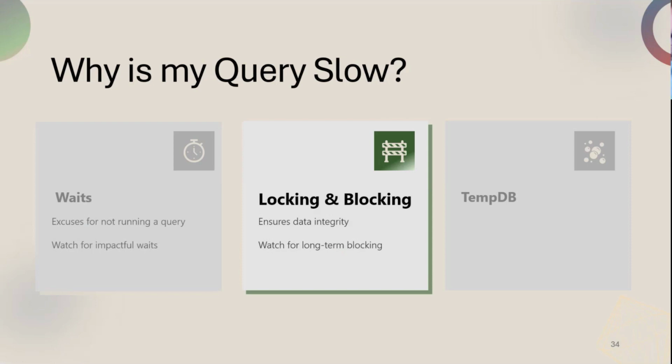So why else could queries be slow? What else can we look for? Excuse me. These three aren't the only reasons why queries could be slow. These are probably the three that I see most often, or the things that I go to first. So, locking and blocking. SQL Server ensures our data integrity. If we're updating a phone number, SQL Server won't allow another query to update that same phone number at the same time.